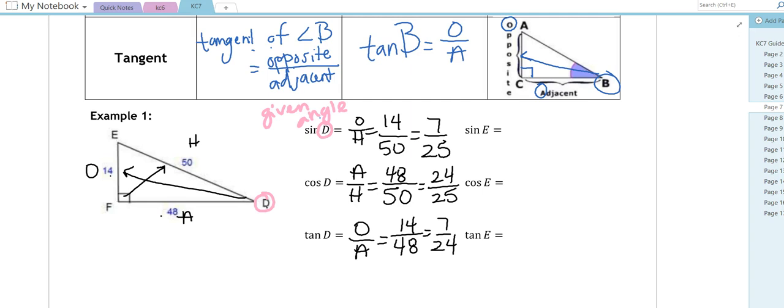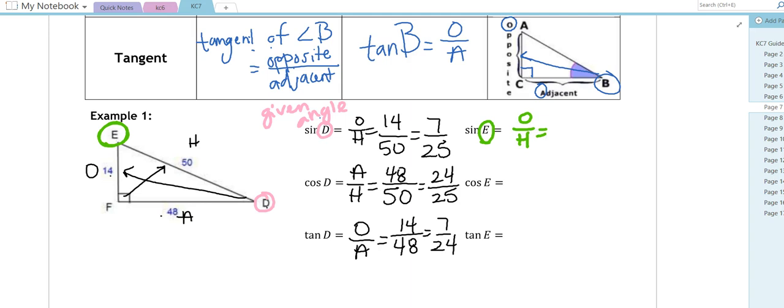Now I'm going to look at angle, looks like my reference point is now angle E. So that's going to switch things up because now this is the angle I am looking at. From angle E, when I set up my sine, sine of E is opposite over hypotenuse.